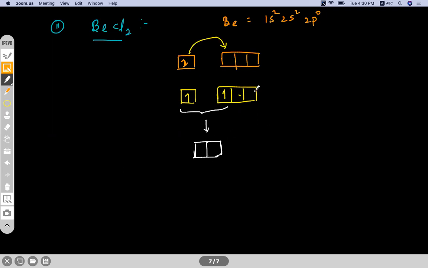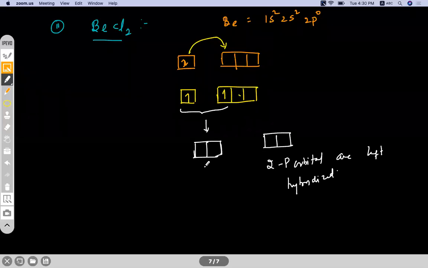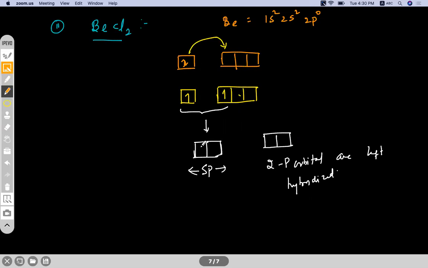The other 2 2p orbitals are left unhybridized. And the 2 hybrid sp orbitals, because s and p combine, have 1 electron each as it was here.